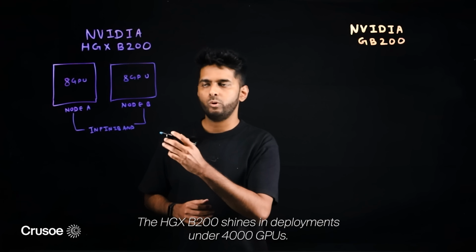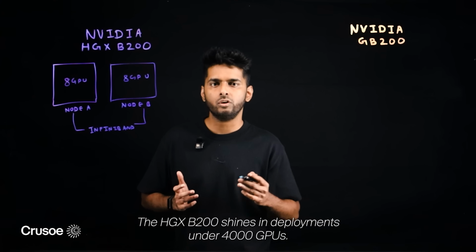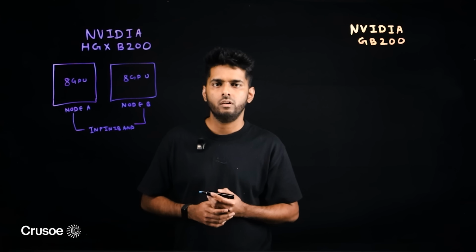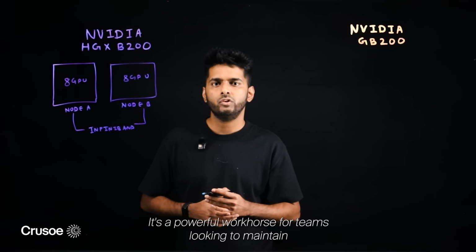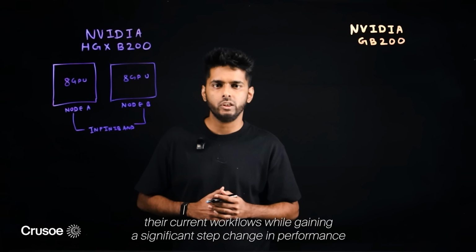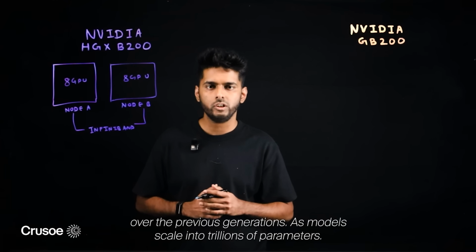The HGX B200 shines in deployments under 4000 GPUs where simplicity and standard air cooling are priorities. It's a powerful workhorse for teams looking to maintain their current workflows while gaining a significant step change in performance over the previous generations.